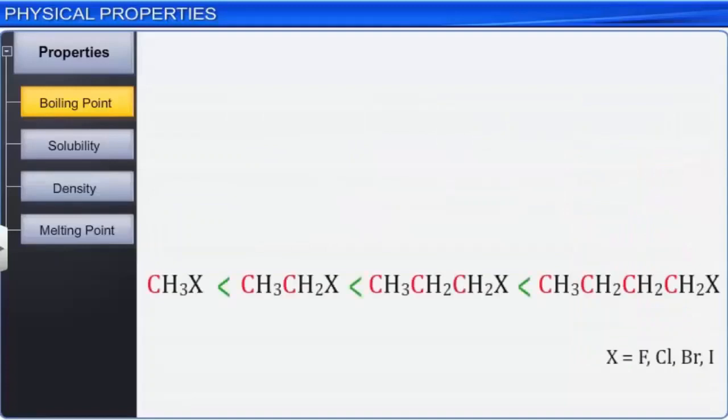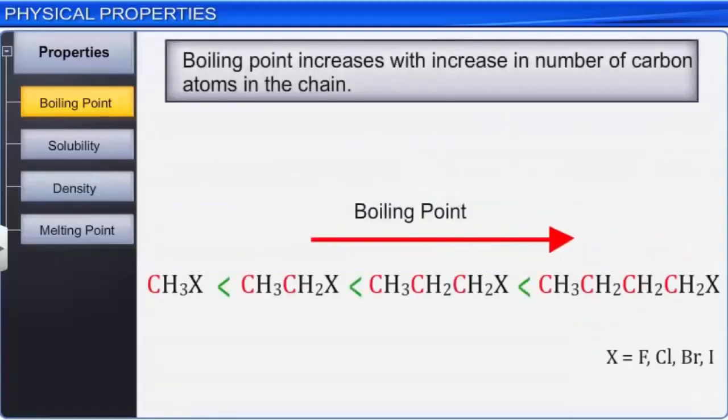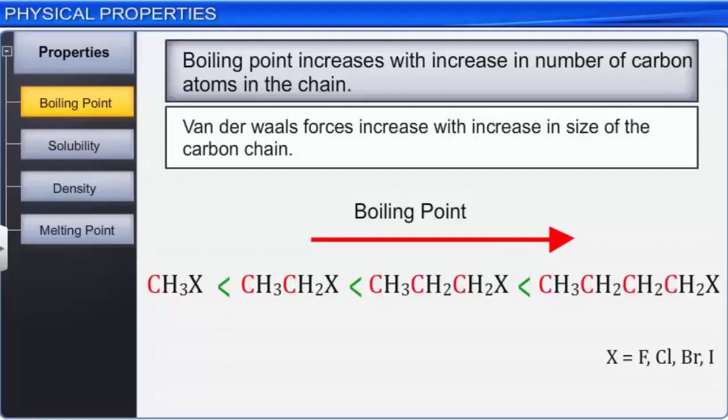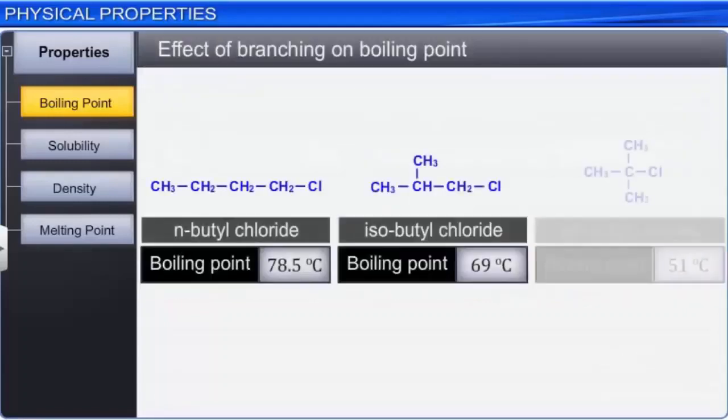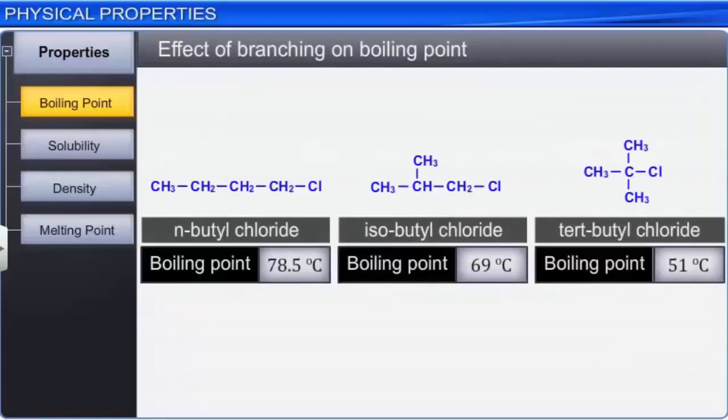For a given halogen, the boiling point increases with an increase in the number of carbon atoms in the chain. This is again due to the increase in the magnitude of van der Waals forces of attraction with an increase in the size of the carbon chain. The boiling points of isomeric haloalkanes decrease with an increase in branching. This is due to the fact that with an increase in branching, the molecule attains spherical shape with less surface area.